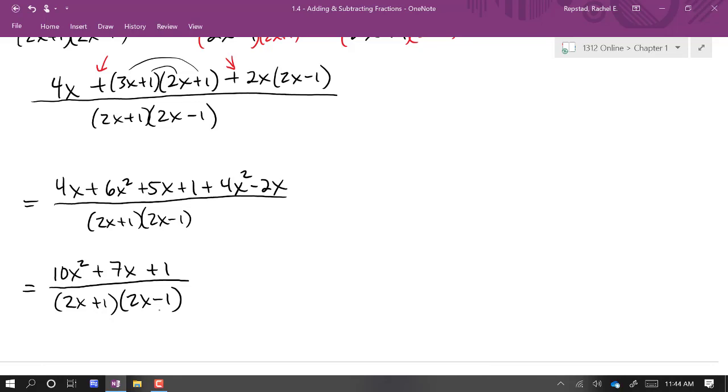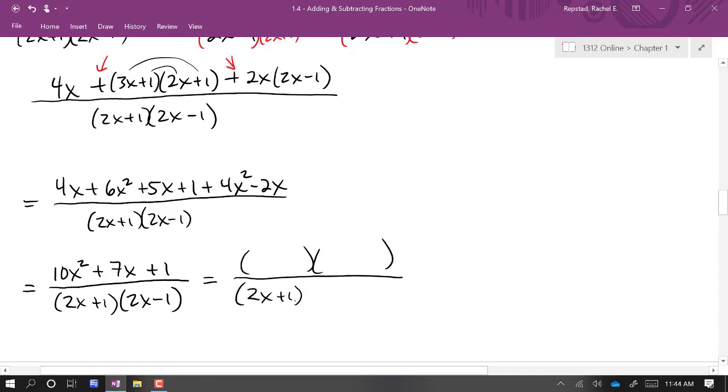And then we always want to check and make sure that we are reduced. 10x squared plus 7x plus 1. Let me try. Let's see if that will unfoil. If it does, we probably need a 5x and a 2x. It's got to be a plus 1, and the middle is positive, so plus 1, and that does factor.